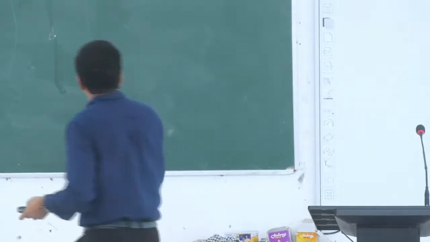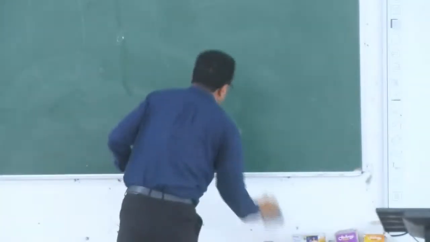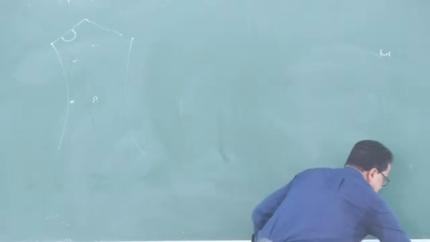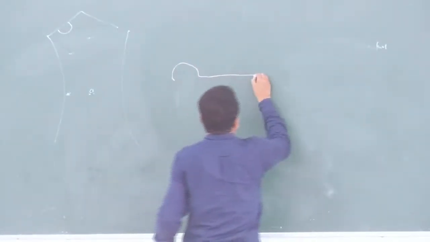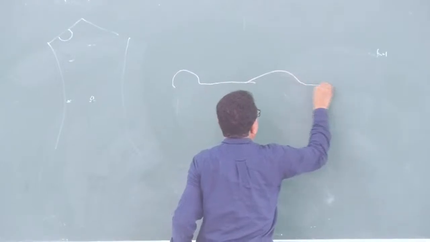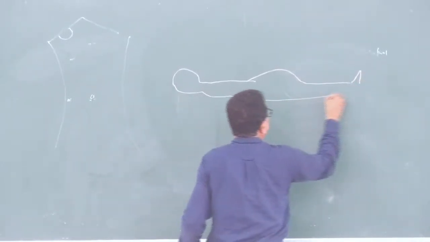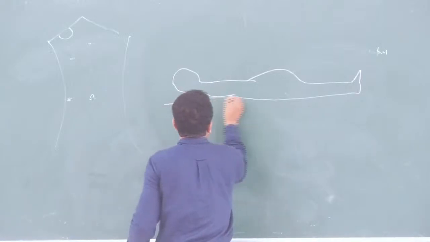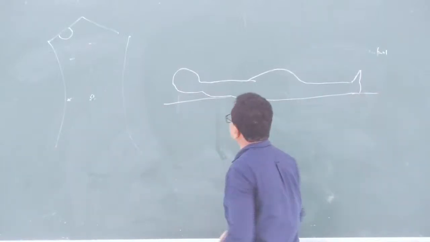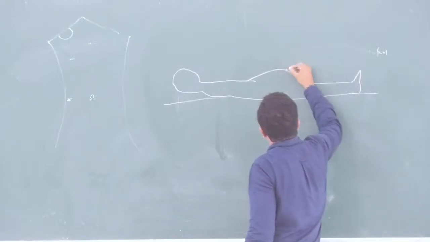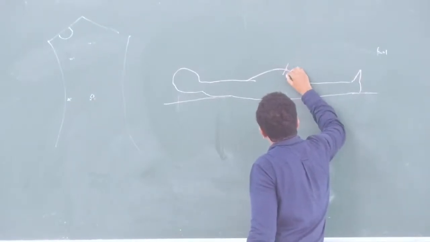So basically, what happens in a laparoscopic surgery is this. Suppose the patient is lying like that on the operative table. Now, here in the umbilicus, what we put is a tube.